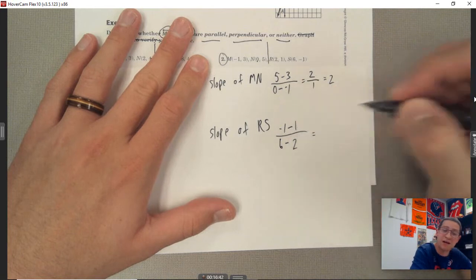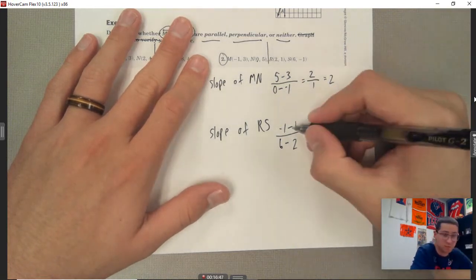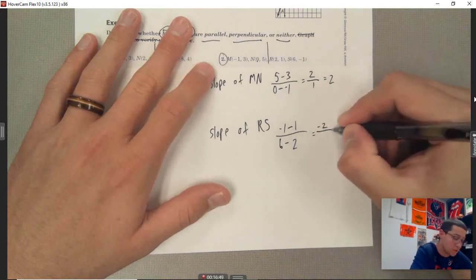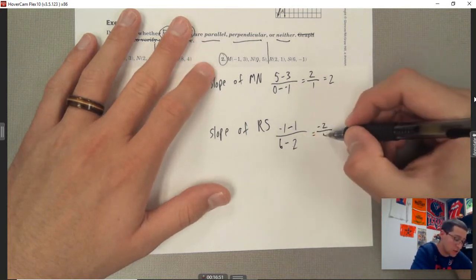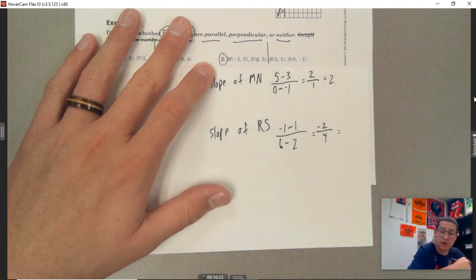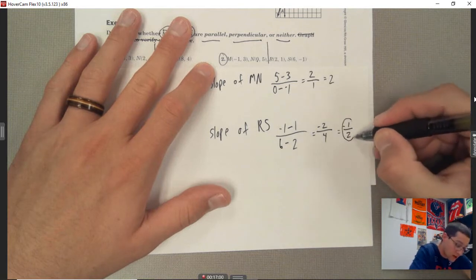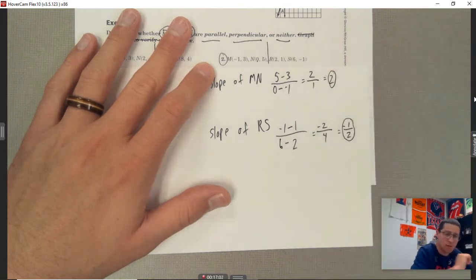So negative 1 minus 1. I'm in the negatives, but then I'm going further negative by subtracting that 1. So I'm at negative 2 over 6 minus 2, that's 4. So negative 2 over 4. What can we convert that to? Well, that's negative 1/2.